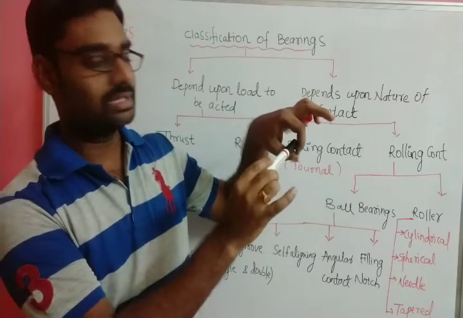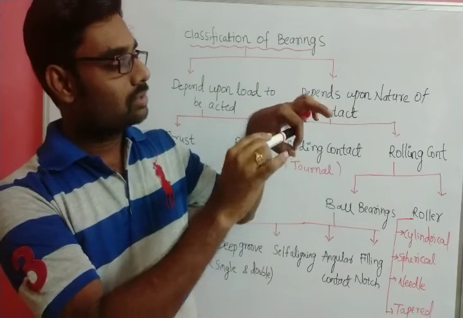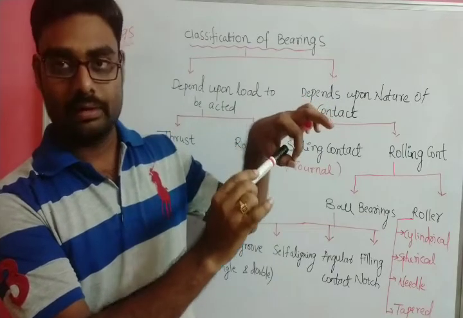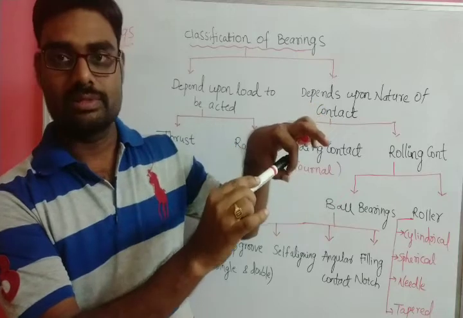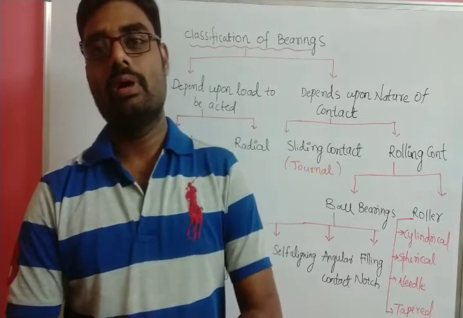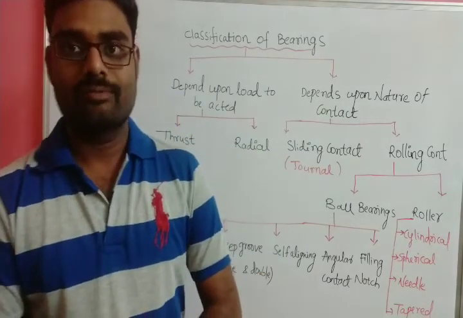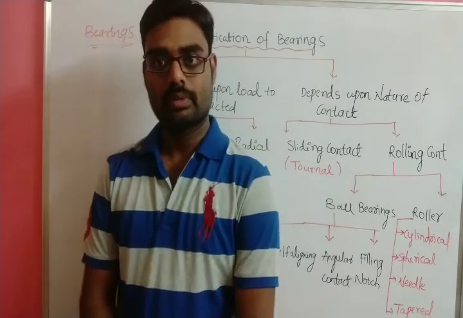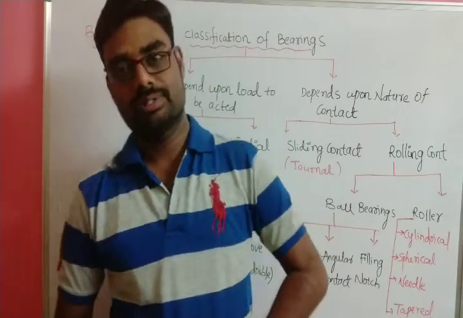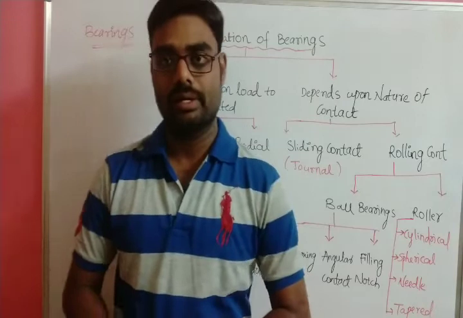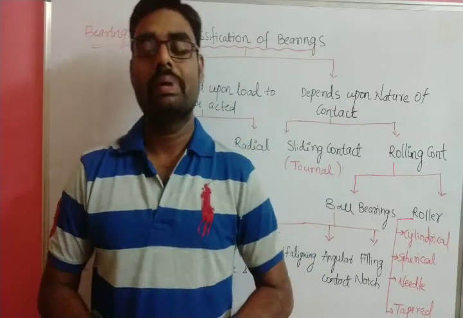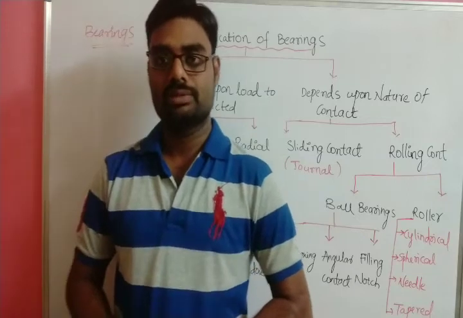In such cases, rubbing takes place between the shaft and the bearing surfaces. Some power is lost due to frictional resistance, wear occurs, and some heat is generated. So how do we overcome these conditions? By applying lubricants.